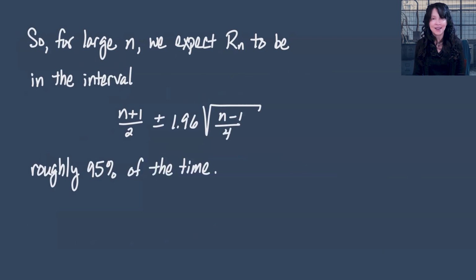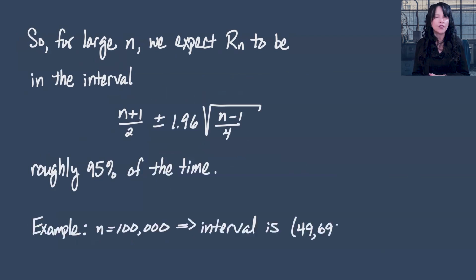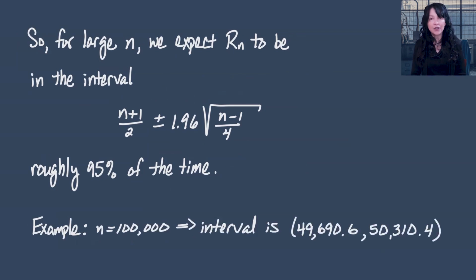In the case of 100,000 values, which is my favorite number of values to simulate, this interval happens to be 49,690.6 through 50,310.4, just to give you an idea of what would be acceptable values for the number of runs in your sample size of 100,000. Sometimes you won't be in here.